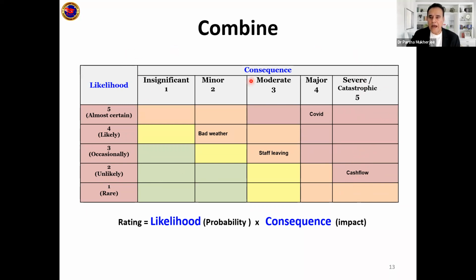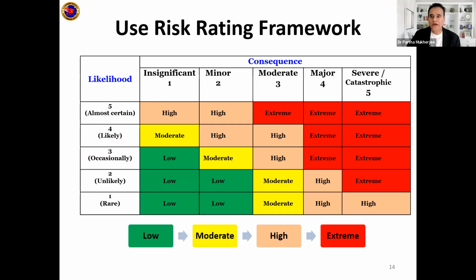Now we have mapped by combining the formula, which is likelihood and consequences. Once we have that, this is not sufficient, because now we have to rate the risk by giving certain numbers or giving certain names. And that is why this box in the next slide will be the final framework, which is called the risk rating framework, in which we say if it is low, that is rare is also 1, insignificant is 1.